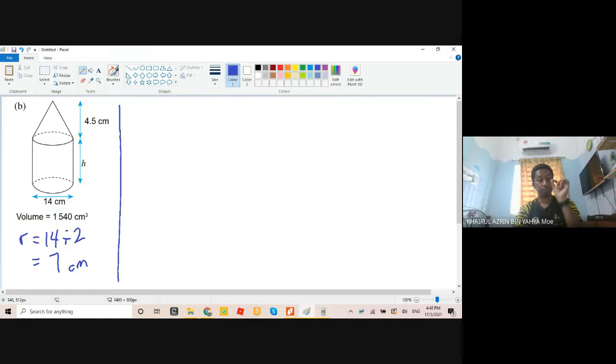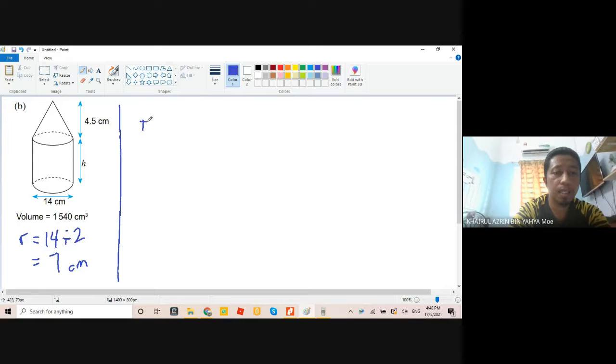So this object is a combination of a cylinder and a cone. For a cylinder, the formula for volume is pi r square, and then we multiply with height.